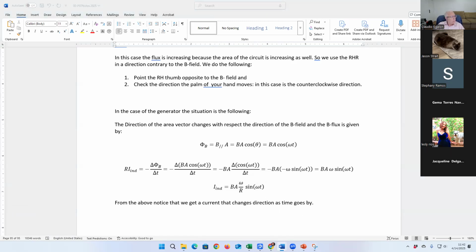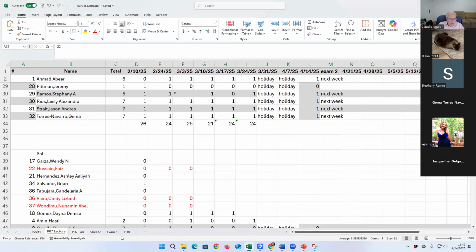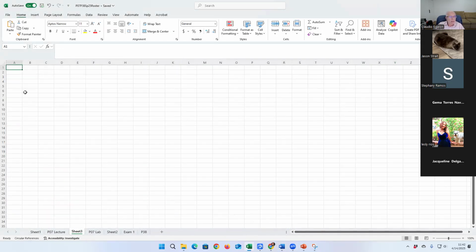And what does it mean? Negative values for the current means that the current is moving in the opposite direction. I can plot this graph for you right here. Here goes time t, and I want to put the sine of t.